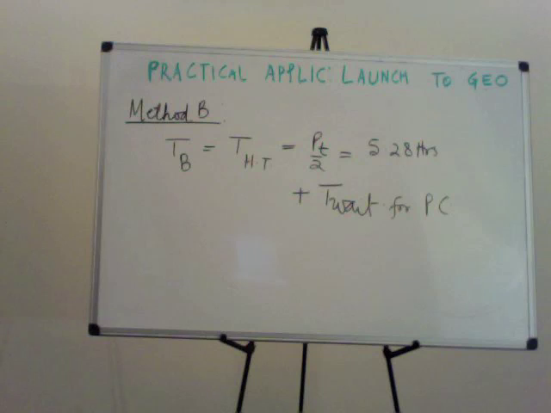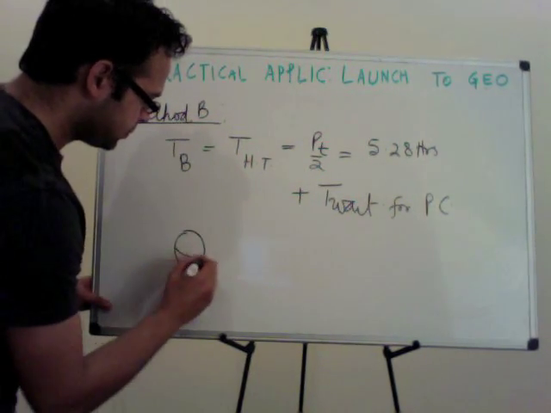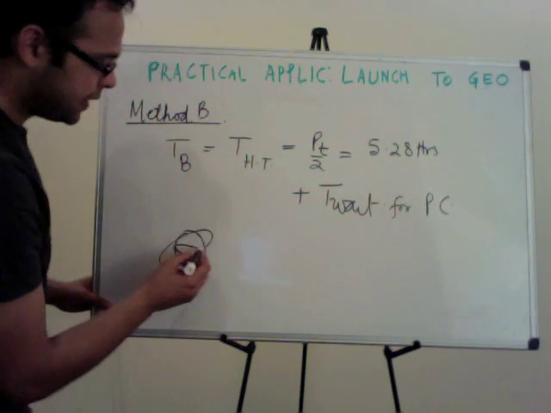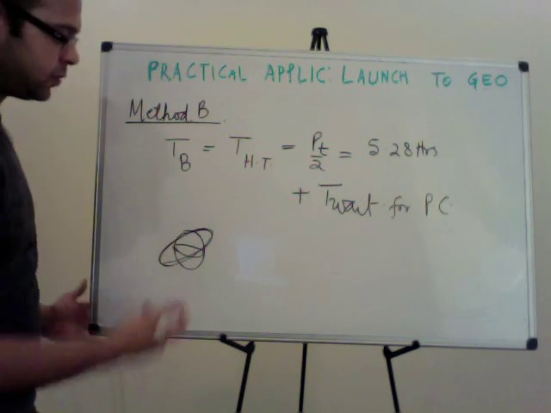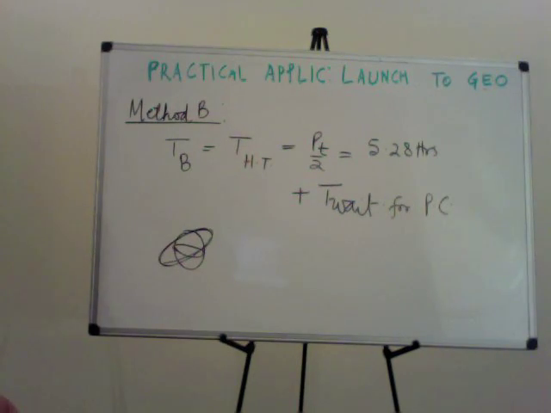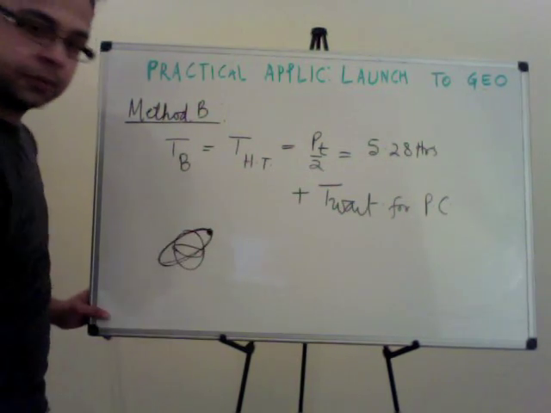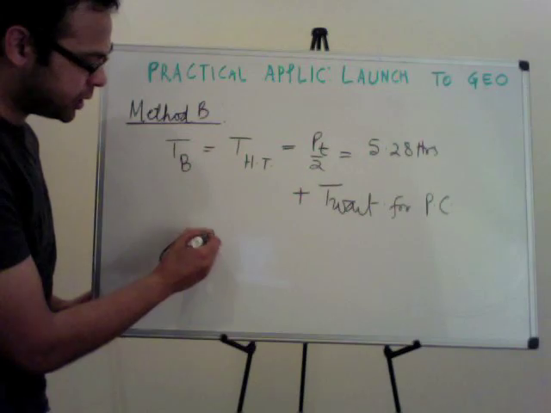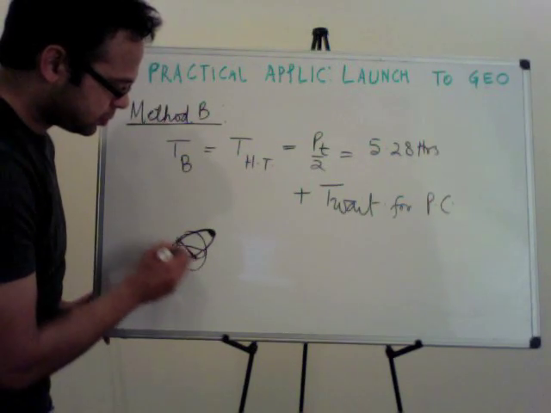Why is that? See, in method A, we were waiting in the parking orbit, right? So in method A, we are waiting in this small orbit. Its period is much lower, so the spacecraft moves much faster, so the waiting time is less. Suppose here's my insertion point. Okay, this dot is the insertion point, so I need to wait until I get here or here, right?